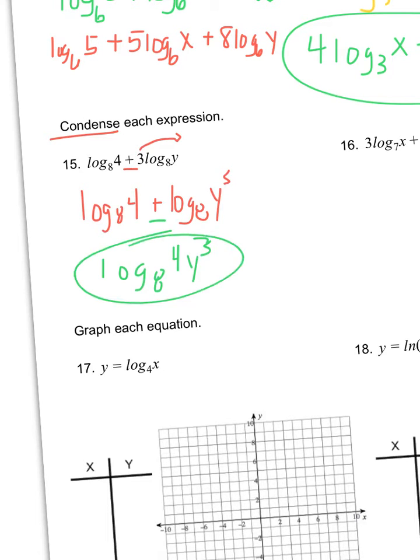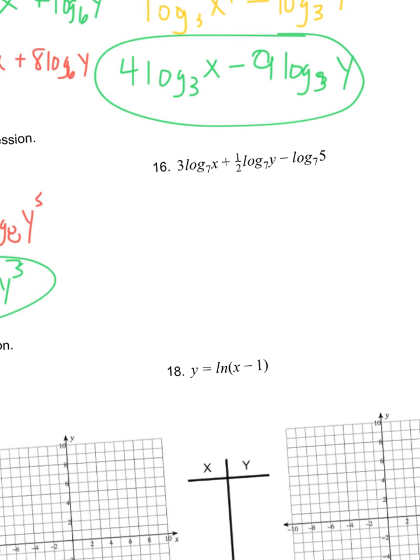And that's your answer. So using the same properties here, there's an addition and a subtraction. So it's going to be multiplying between the first two, but dividing on the last term. So take care of coefficients first. 3 goes up, 1/2 goes up.